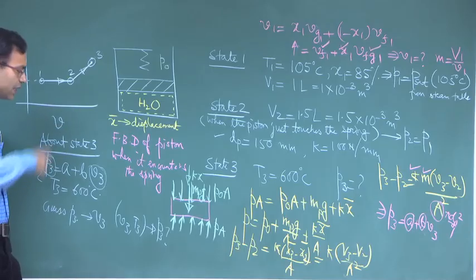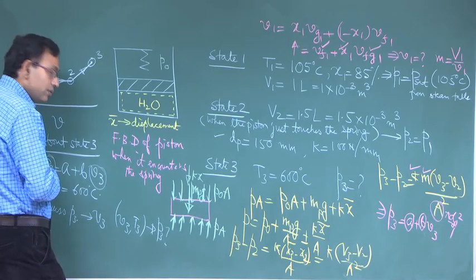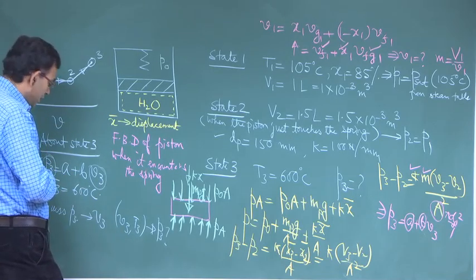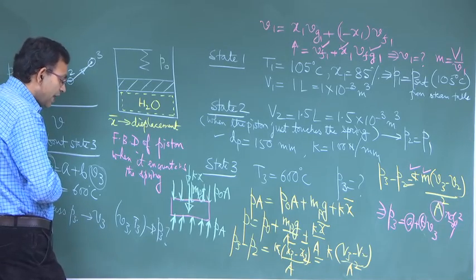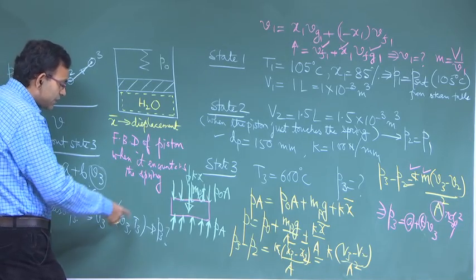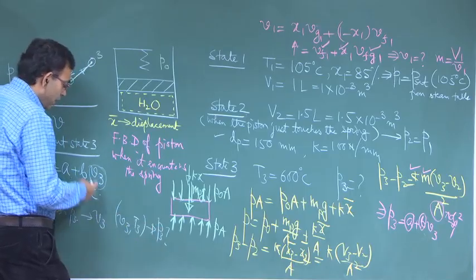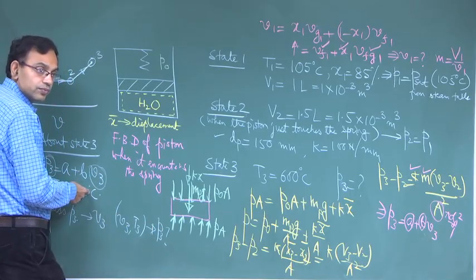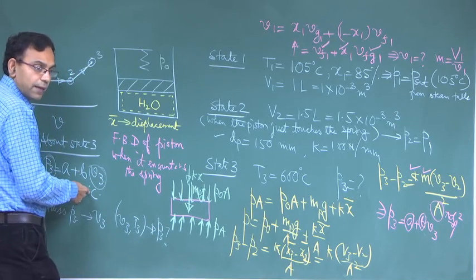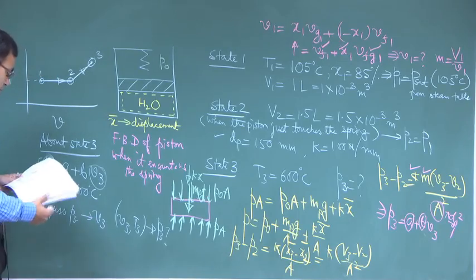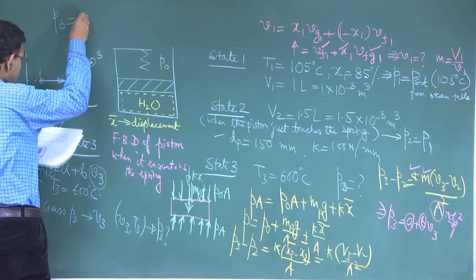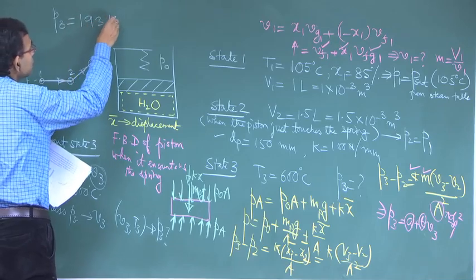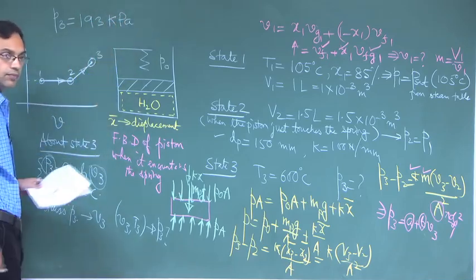In this way you iterate till you make a guess of P3 which converges to the same P3 once you substitute these two. So, the answer to this is P3 is equal to 193 kilopascal.